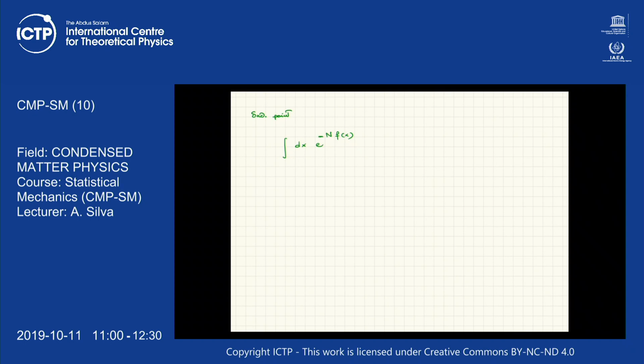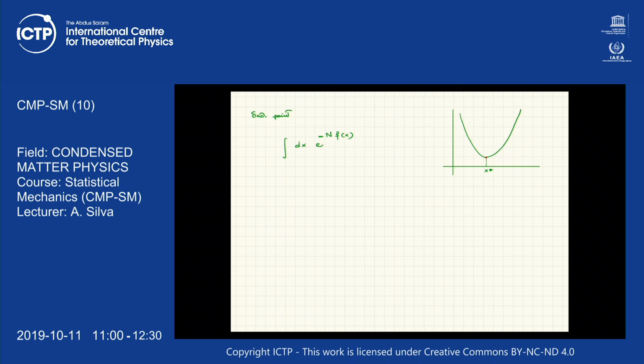Okay, as you suggested. Let's plot this function. Let's say that f of x is like this. I don't know. It has a minimum around here. So this is x star. Then what happens if you plot the exponential of minus n f of x?